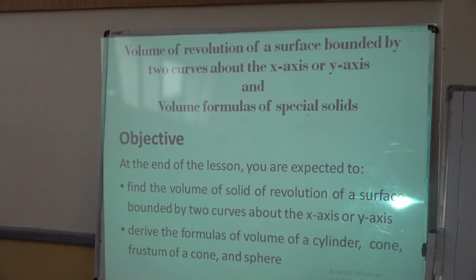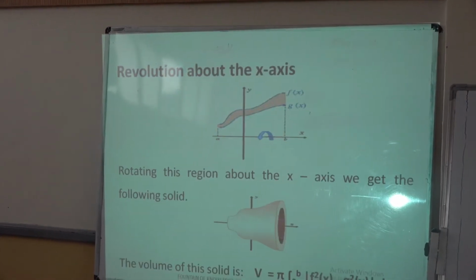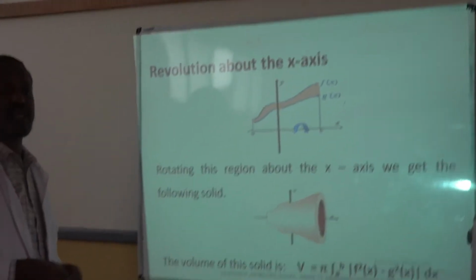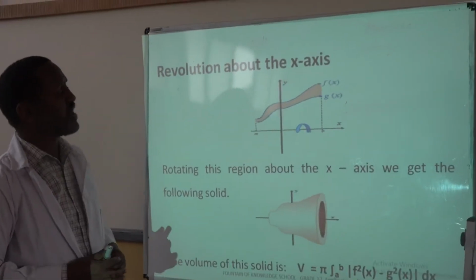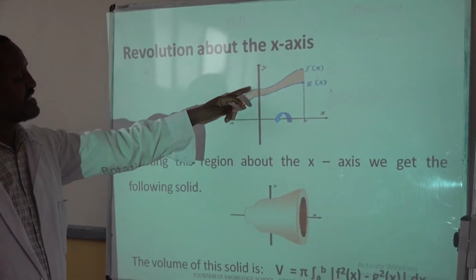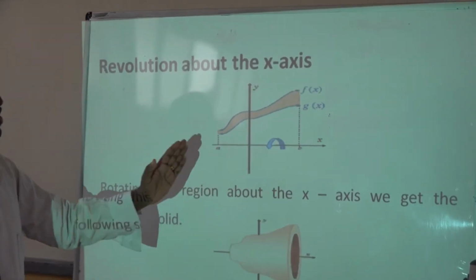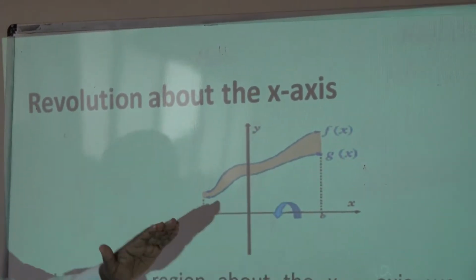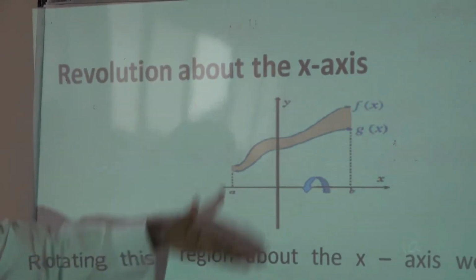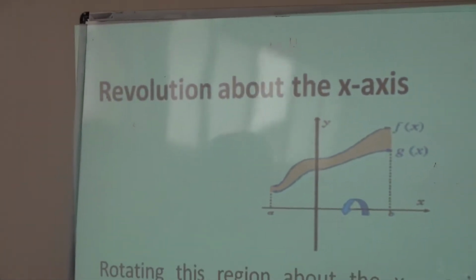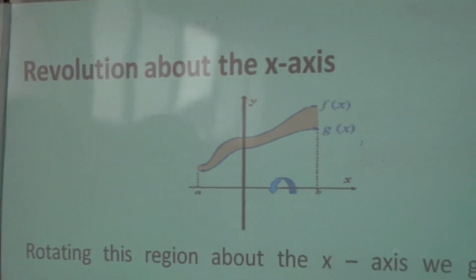Now first, let us try to see a revolution about the x-axis. Suppose you have given a region that is bounded by two curves, f and g, on the closed interval a, b. Now, revolving this region about the x-axis will have such kind of solid figure.